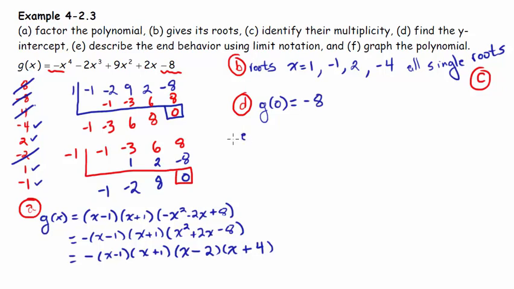Alright, now for part E, we need to look at our degree and the sign of our leading coefficient. Alright, so we have an even degree, which is 4.